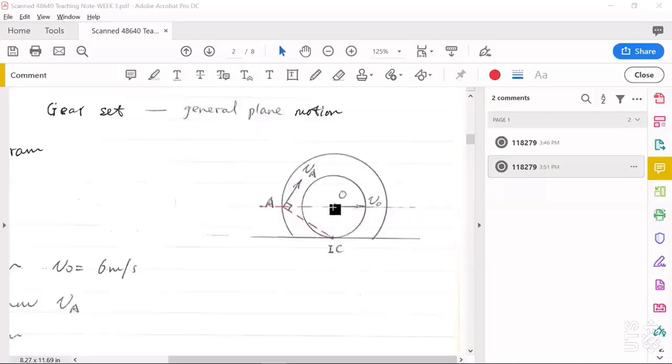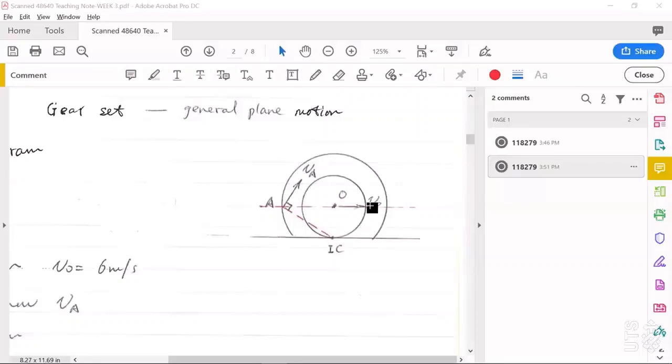What should be the direction of the angular velocity of this rigid body? We look at VO. VO is horizontal. If we connect point A and IC, this line must be perpendicular to VO.